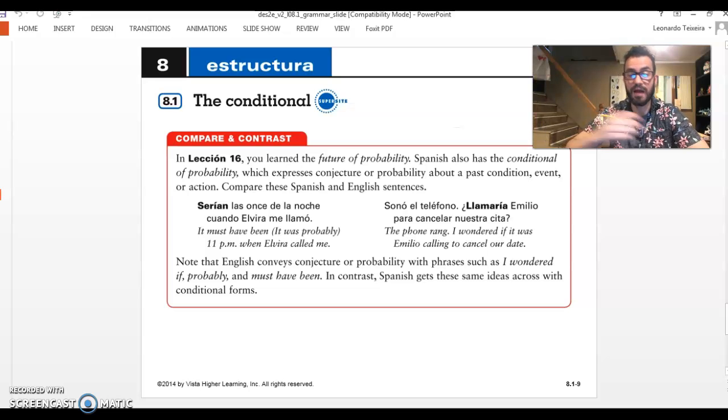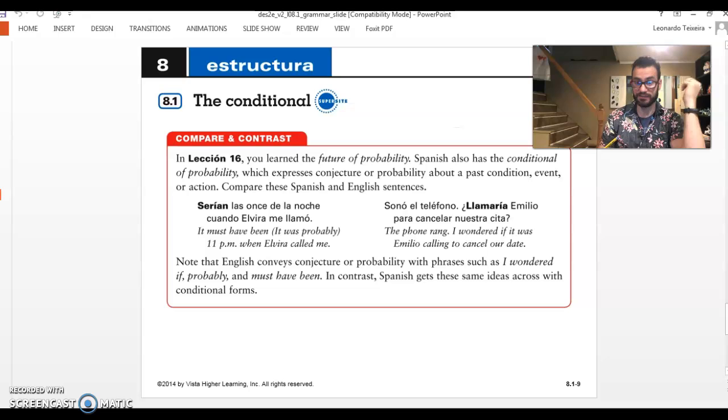Okay, so va a llover mañana, and you can express that doubt, that probability, by using the future, right? Lloverá, lloverá mañana, okay? Now, what if you were trying to express doubt about something that happened in the past tense? Then you can use conditional, okay?